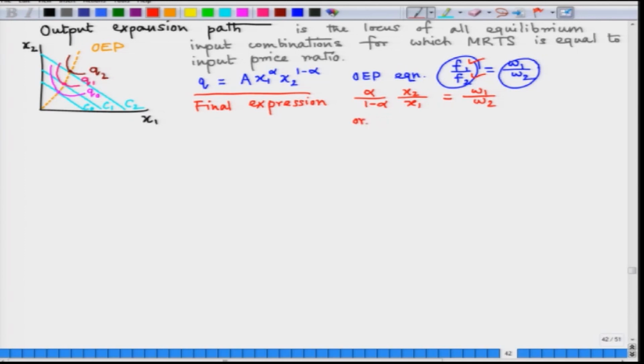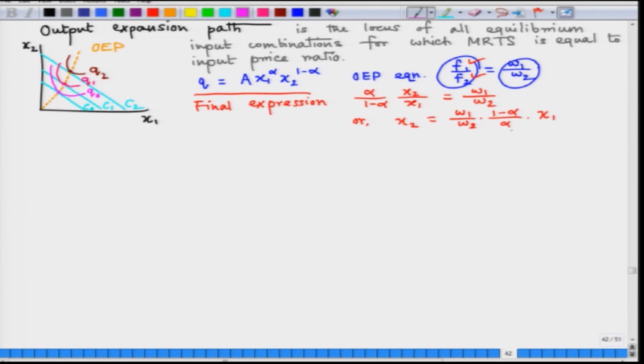So, we can rewrite this expression as so.